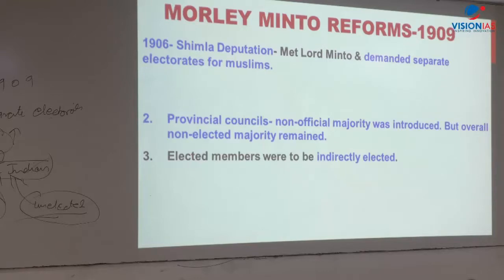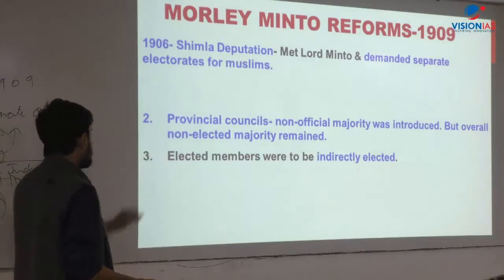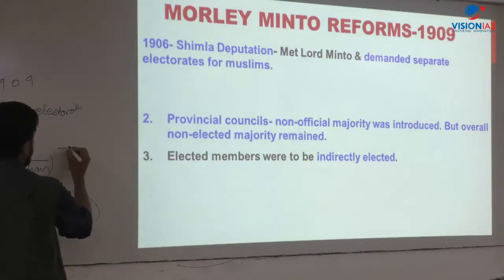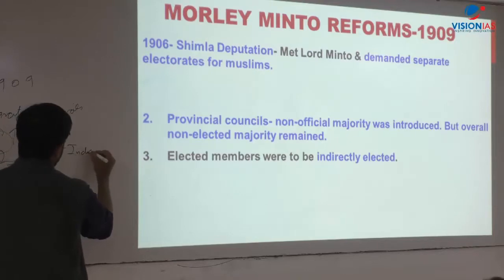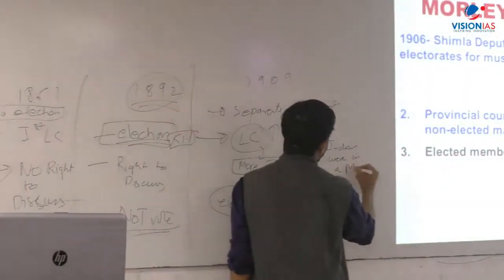This is not something very important, but it's okay if you know it, because it should not be that the only thing you know about the 1909 reforms is separate electorates, since it is unlikely that the question will be only on separate electorates. So this is a point that one can focus upon, that for the first time Indians were in a majority.